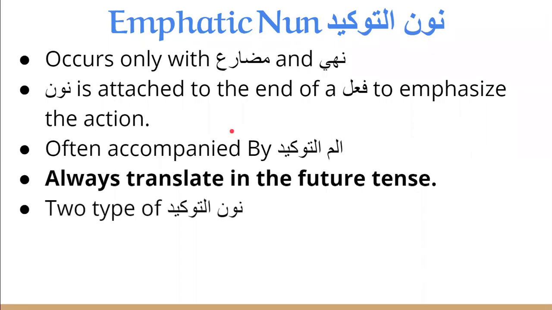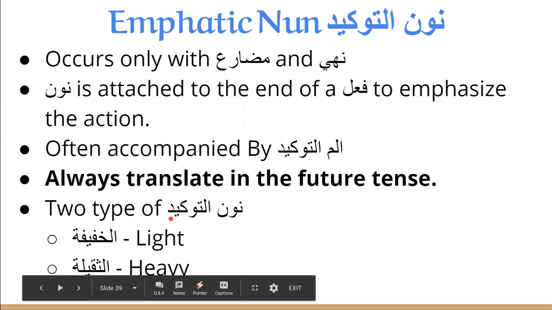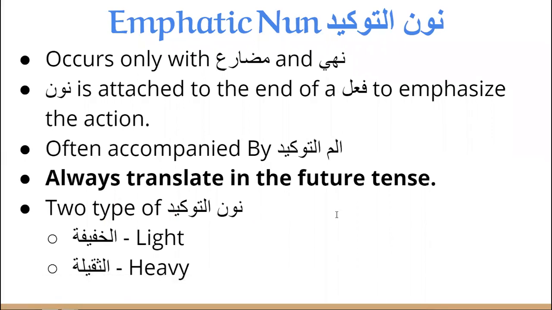Among the emphatic noon there are two types: one is light and one is heavy. You can take it as two degrees of emphasis. Light is the first degree of emphasis, heavy is the second degree of emphasis. Let me write down a word, then you will understand.